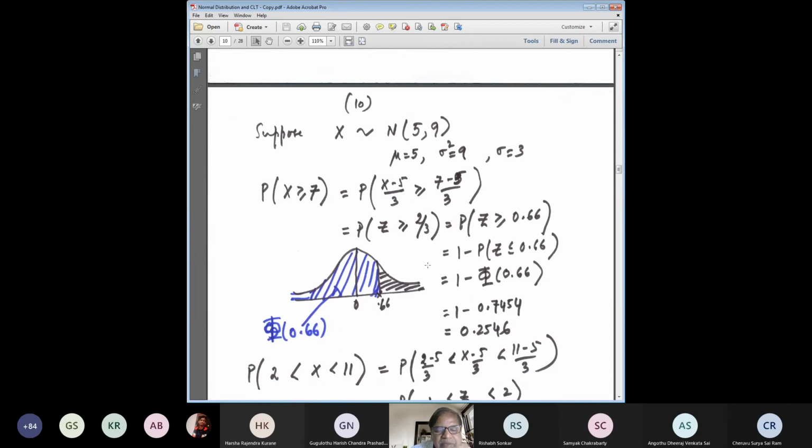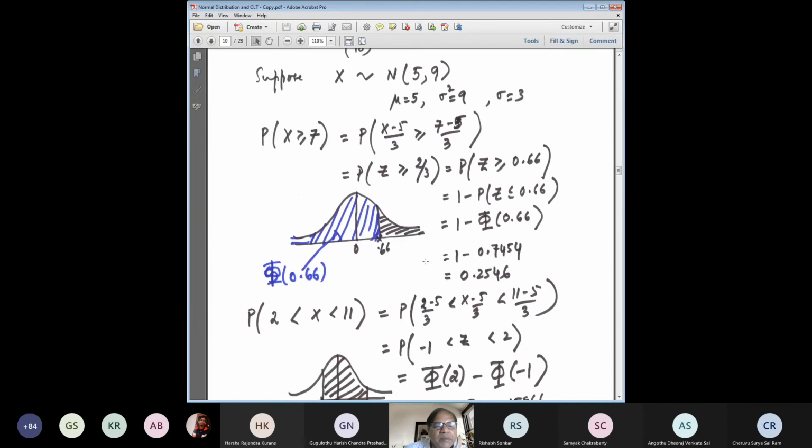Now I'll show you by means of an example. Say suppose X, this is just an artificial example. X is normal, mean 5, variance 9. Note that when we write the distribution in the normal form with 5 and 9, the first one represents the mean, the second one represents the variance.